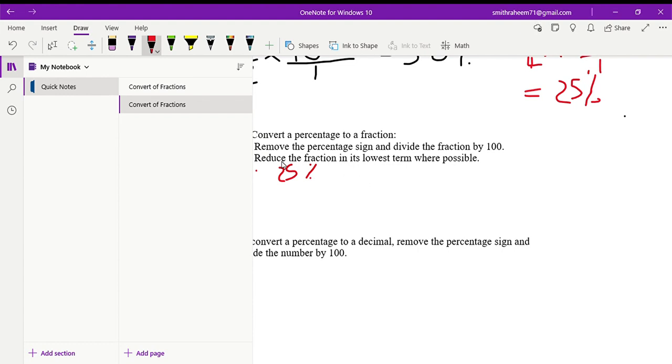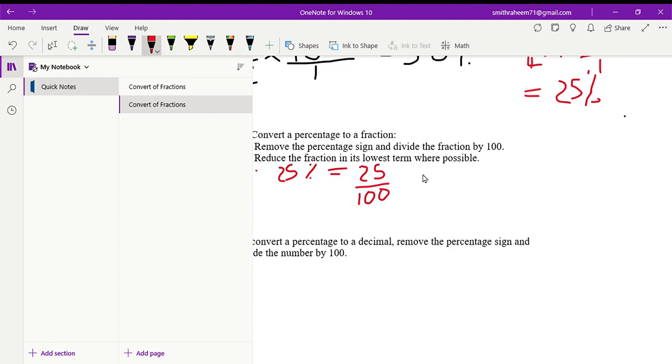So it says, one, you should remove the percentage sign and divide by 100. So we'll have 25. Remove the sign and we divide 25 by 100. So that's how we remove the percentage sign. We just divide it by 100.